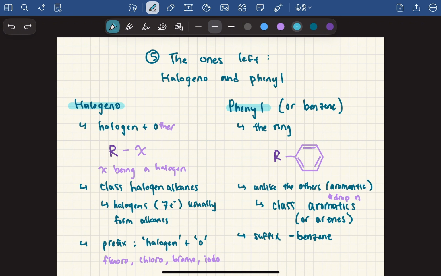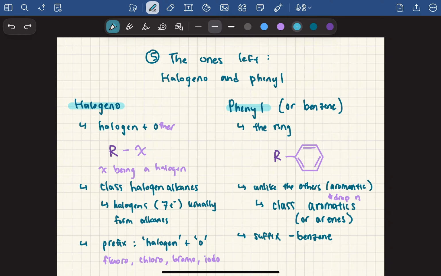And its class belongs to halogen alkanes. And really, halogens, since they have 7 valence electrons, usually form alkanes anyway. And I think these aren't part of the 4 that we learned we would have to know how to name, but we did do a lot of practice with halogen alkane branches, so you do have to know them. And they're also pretty simple since they're usually just bonded to one halogen atom.